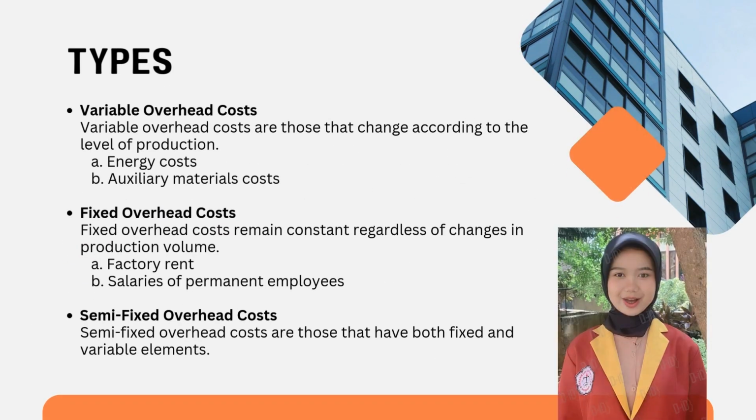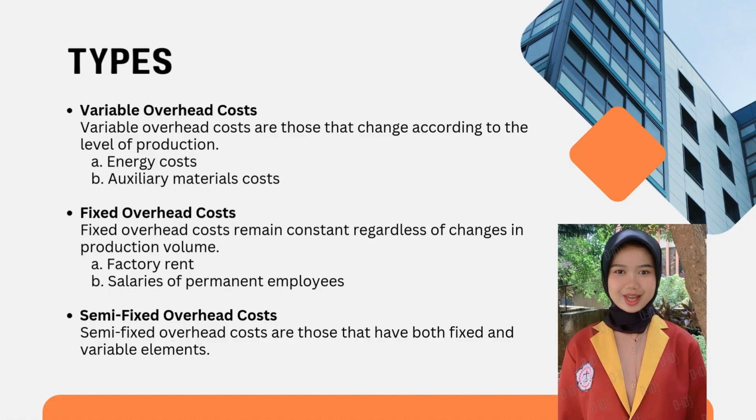Though not directly linked to individual units, these costs are crucial in determining total production costs and the cost of goods manufactured, thereby influencing product pricing decisions. Types of factory overhead costs. Generally, factory overhead can be classified as variable, fixed, and semi-fixed overhead costs. 1. Variable overhead costs. Variable overhead costs are those that change according to the level of production. If production increases, variable overhead costs will also increase.